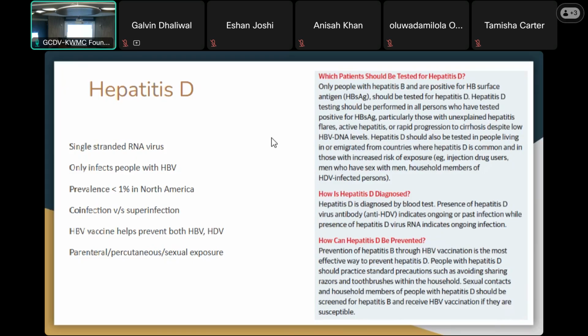In terms of diagnosis, we'll talk about it, but besides Hep B, for the others you're just testing one antibody, so it gets simpler. It's not as complex as Hep B interpretation. And then prevention is just vaccination. Vaccinate for Hep B. That's what you need to know.